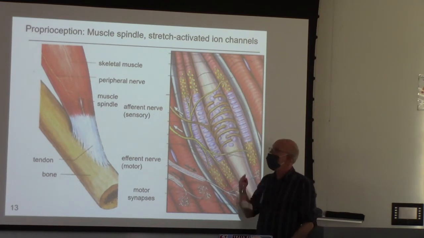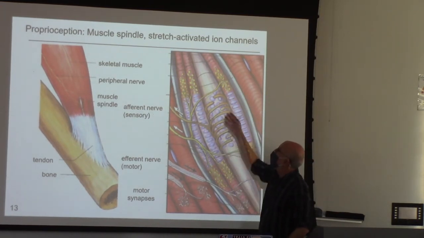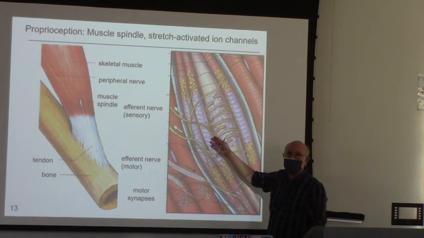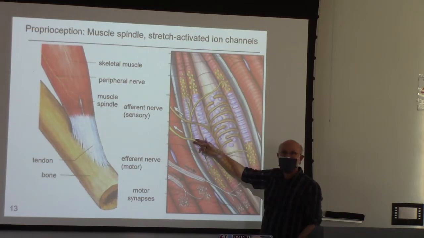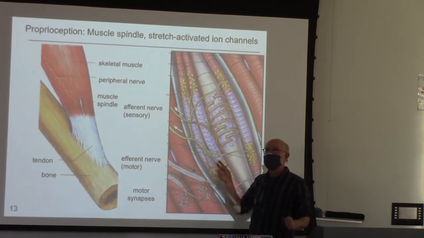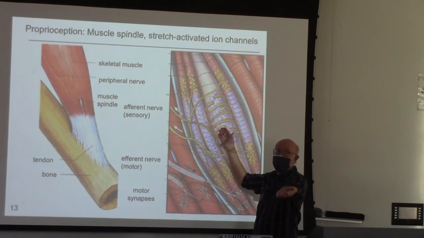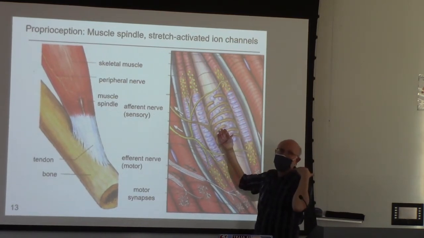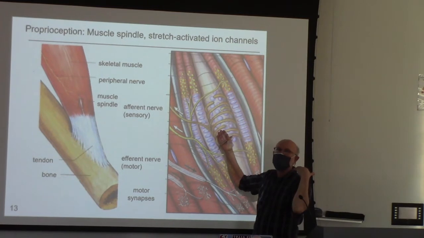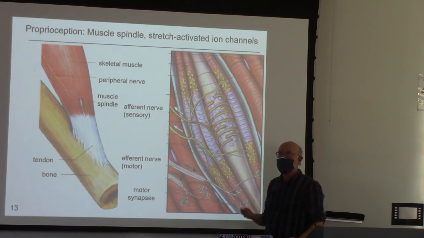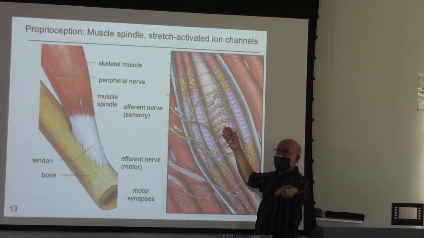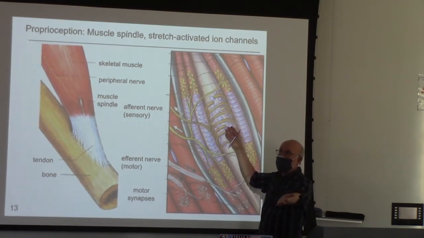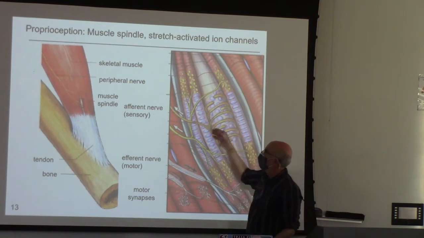What is the receptor in these sensory cells of the muscle spindle? These neurons. What kind of channel do you suppose these are that are detecting stretch, extension of the muscle, or flexion of the muscle? What kind of channels? Same, I've mentioned them previously. Stretch activated ion channels. More stretch of the membrane of this cell, more channel activity, more depolarization, more action potentials.